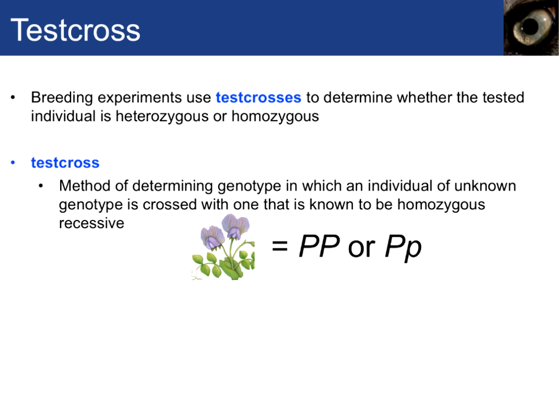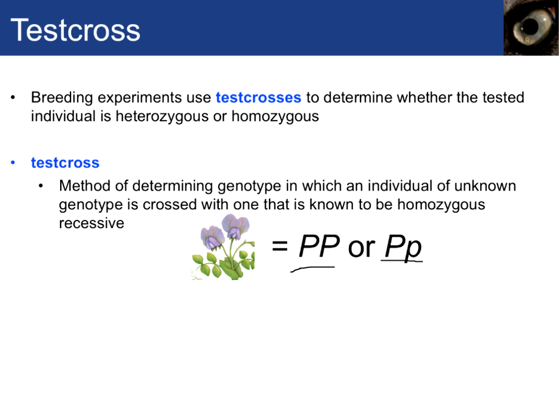To do a test cross, you cross the individual that has the unknown genotype with one that's homozygous recessive. In this slide, the phenotype is purple flowers, but purple flowers can mean two different genotypes, either homozygous dominant or heterozygous. Either would give purple flowers, and you don't know which one it is.